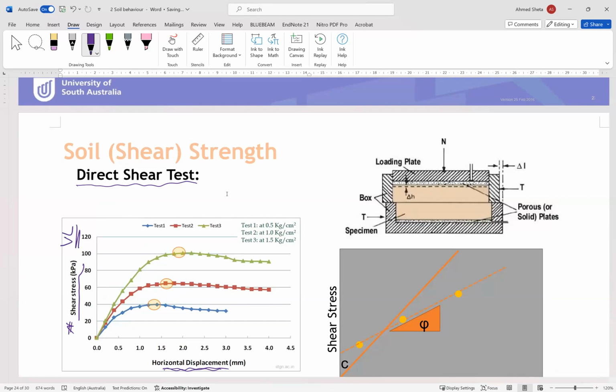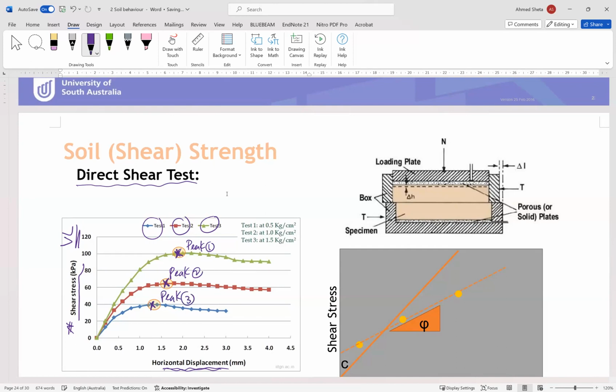We have 3 samples, or 3 tests, and we are picking the peak of each sample. So we have 3 peaks here: peak number 1, peak number 2, peak number 3.